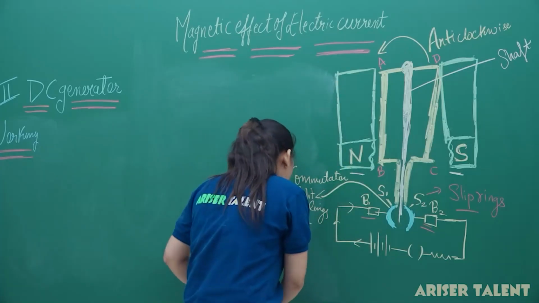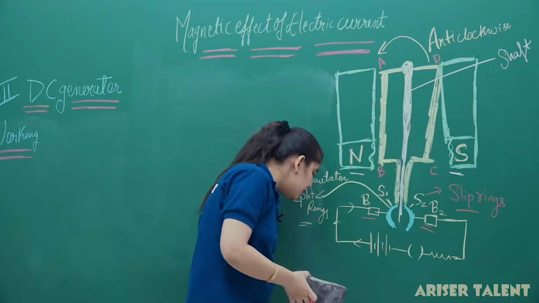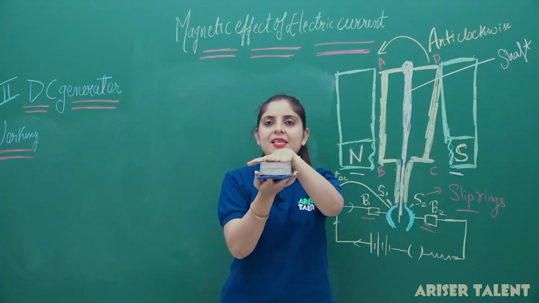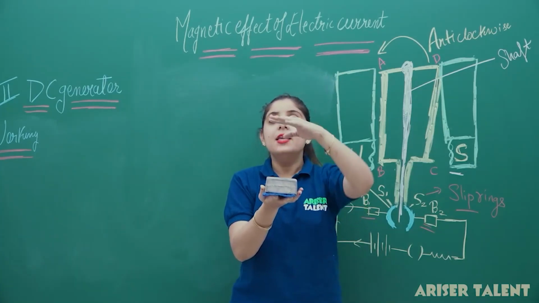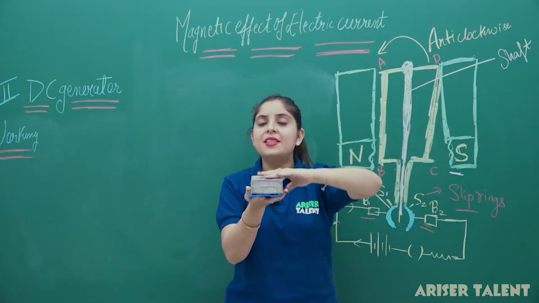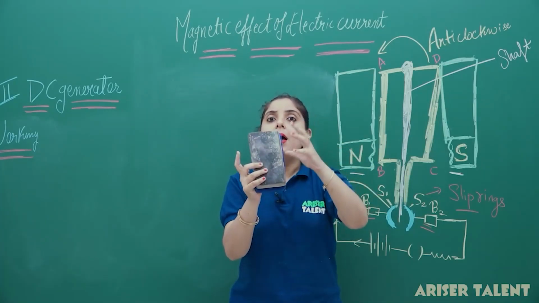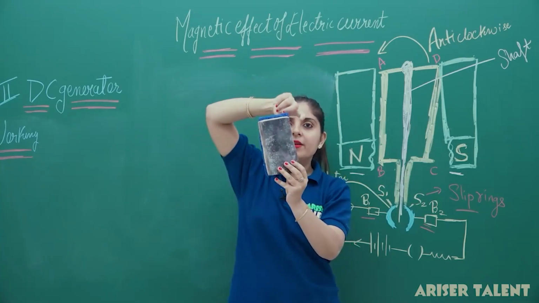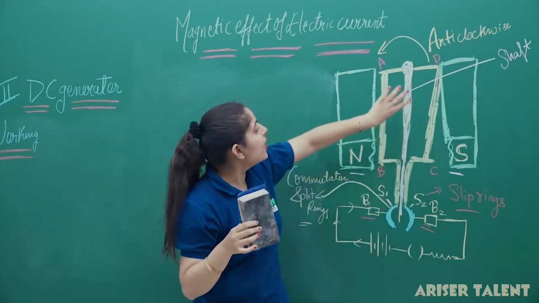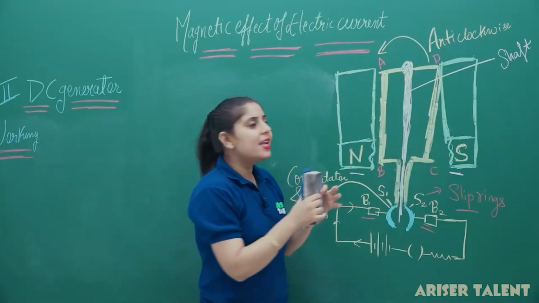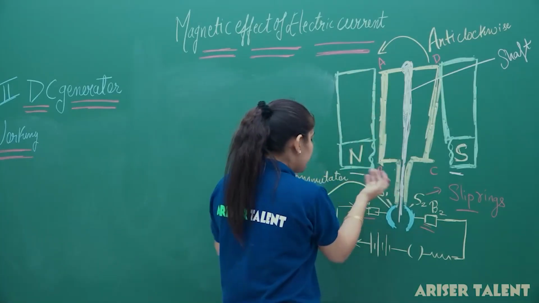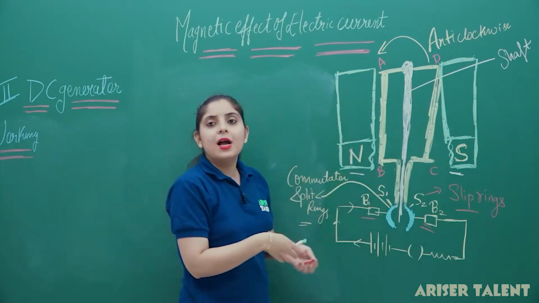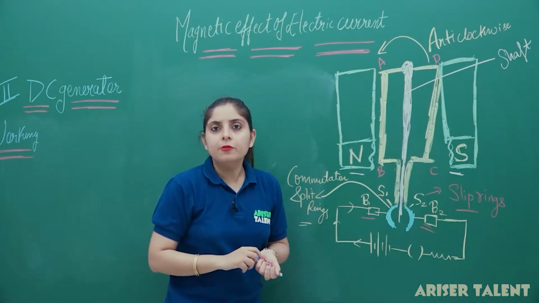Suppose this is my armature, placed in the horizontal direction. If I move it anti-clockwise like this, AB will be shifted in the downward part and CD will come in the upward portion of the field.